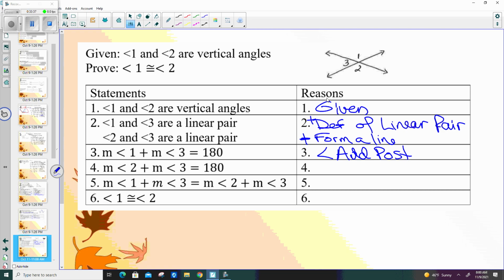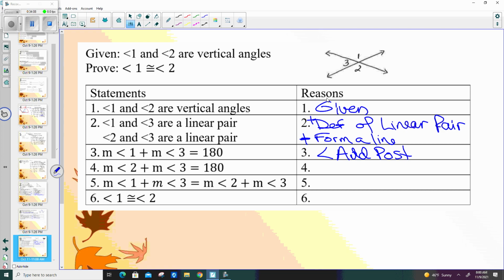So then why did 2 and 3 add up to 180? Well, we don't know angle 1 and angle 2 are congruent yet. We only know what's been said in the proof. We know angle 1 and 3 are a linear pair, and 2 and 3 are a linear pair. How come we knew 1 and 3 added up to 180? What was our reason for that?